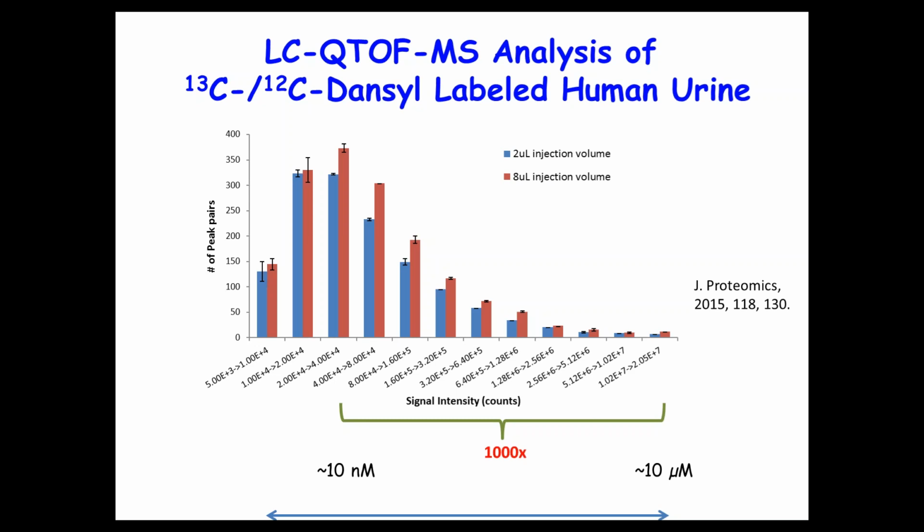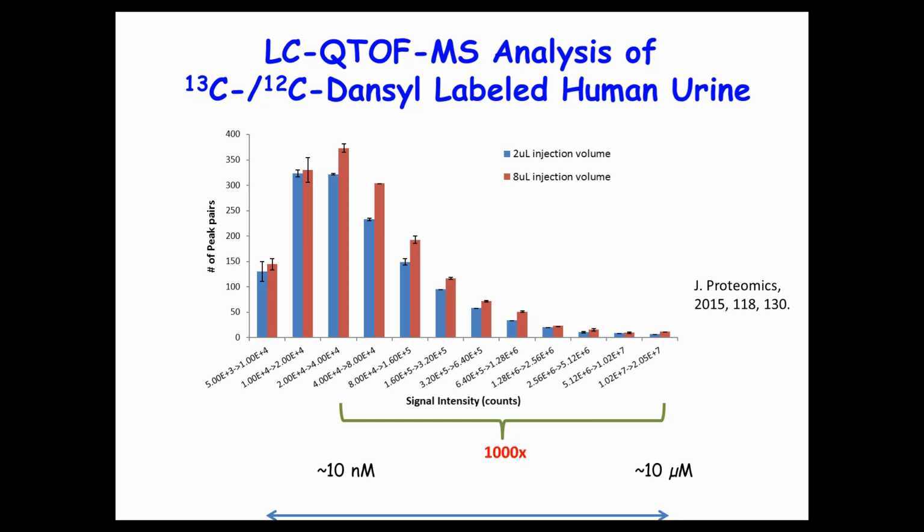As we can see from this plot, only a small number of metabolites are found at a very high intensity, and the number of metabolites increases as the signal intensity decreases. If we roughly translate the signal intensity to its corresponding metabolite concentration, we would look at low nanomolar concentration to about 10 micromolar concentration.